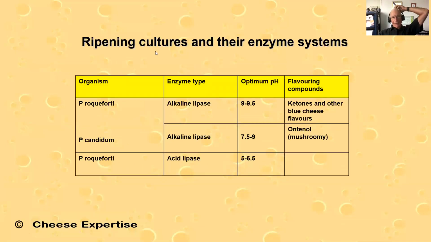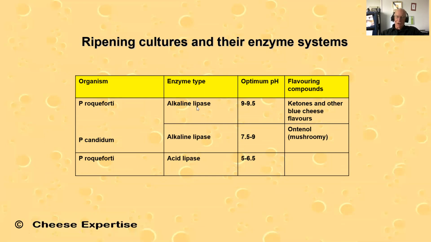So if we look at blue mold and white mold cheese, for example, these cultures that are used, Penicillium roqueforti for blue cheese and Penicillium candidum for white mold cheese, have a fairly strong lipase system of their own.